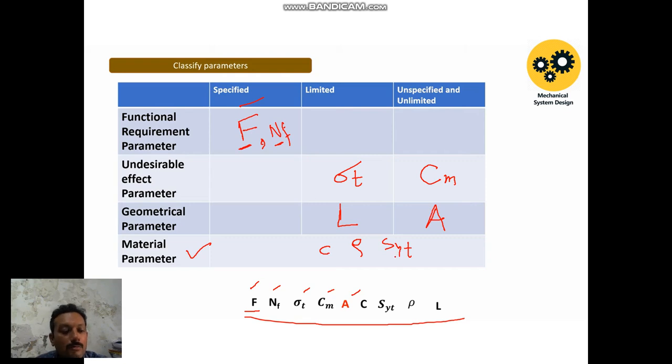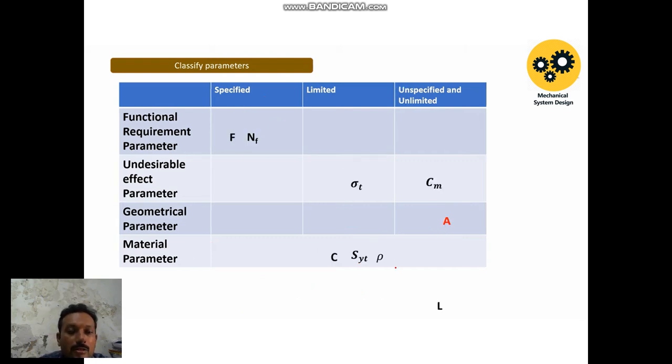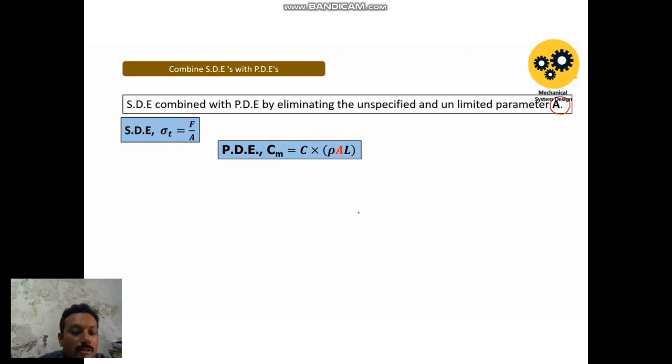Now the limited parameters, we have written like this. Then the unlimited parameter will be your Cm equals C into rho A L. This is the PD, we already wrote it there. The SD was your sigma T equals force upon area.